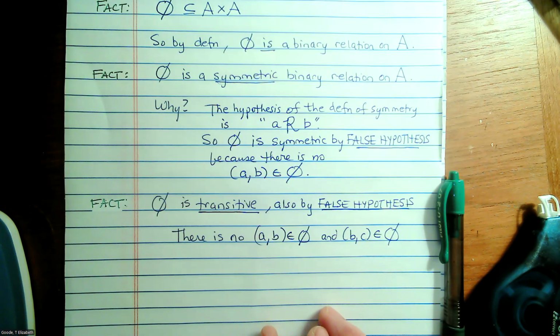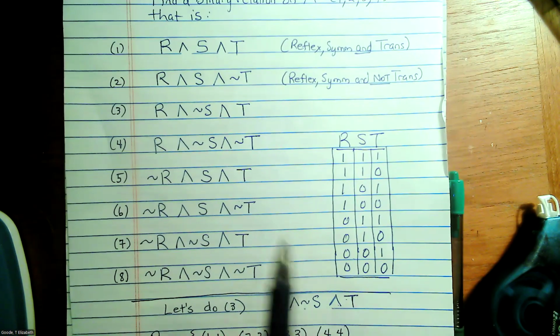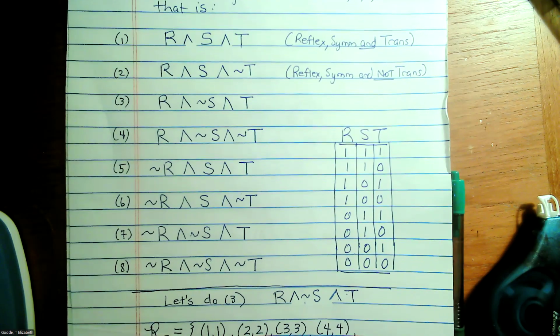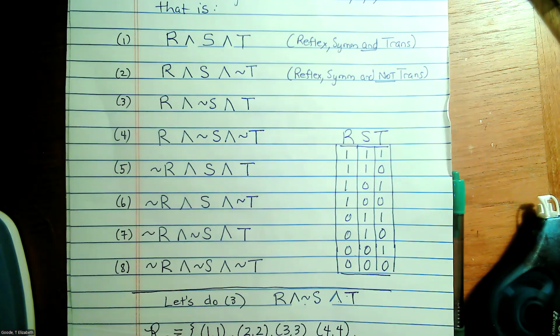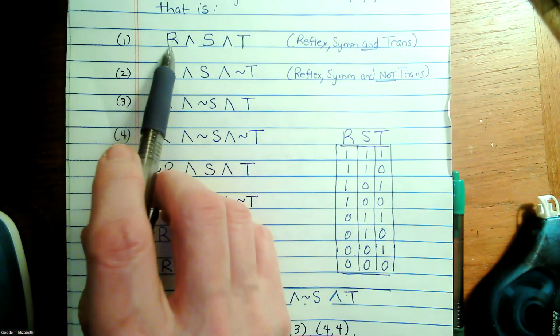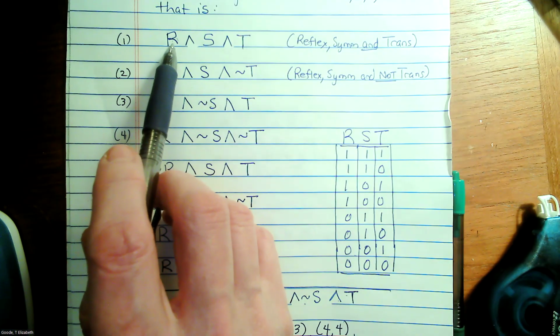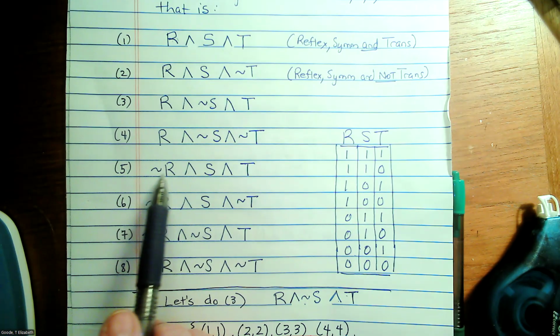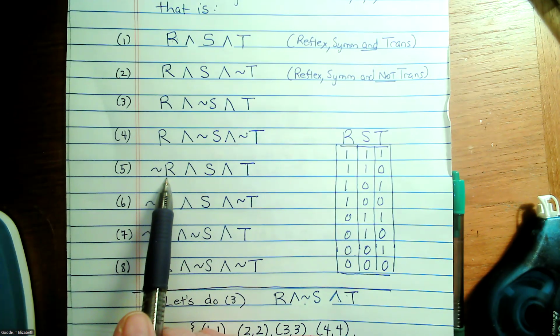So of these 8 different flavors, there's one of them that we can get with the empty relation for sure. Number one is the empty relation, because we have to have those 4 elements to get reflexive. But if we don't need it to be reflexive, then the empty relation is going to be not reflexive, because it's not going to have any of those required 4 ordered pairs.